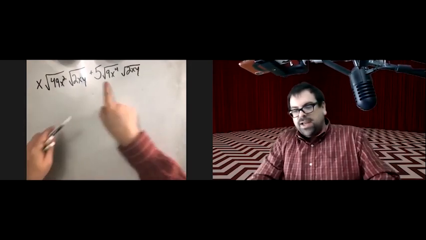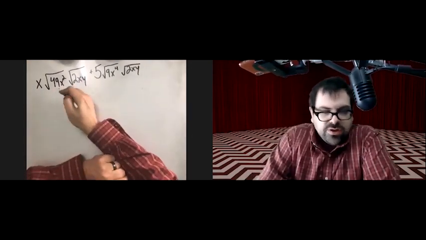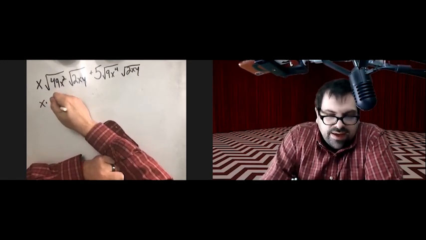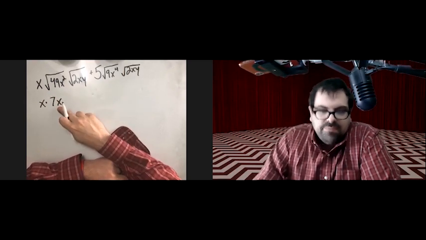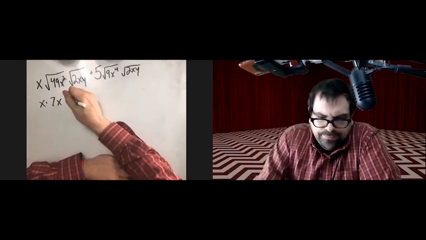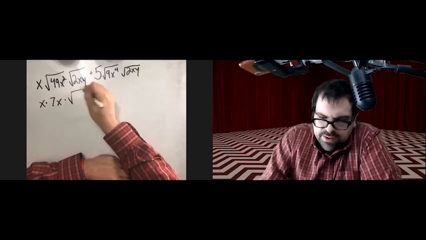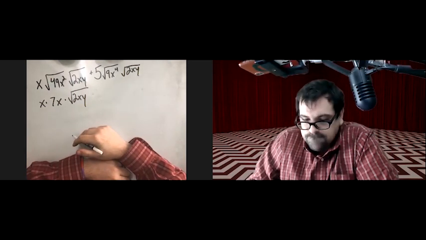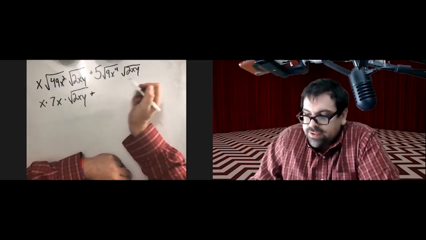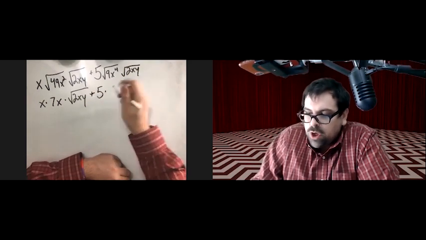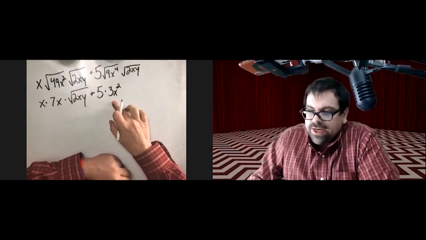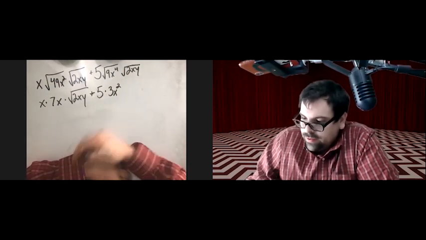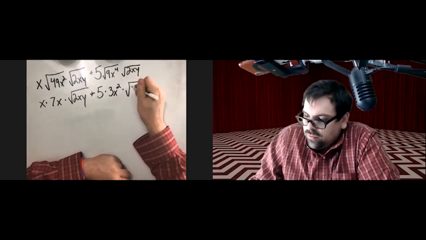So what's our next step? Our next step is taking the square root of the ones we actually can. So this is going to be x times 7x, because 7x times 7x is 49x squared, times, we can't simplify this one anymore, radical 2xy, plus 5 times 3x squared, because 3x squared times 3x squared is 9x to the fourth, times radical 2xy.